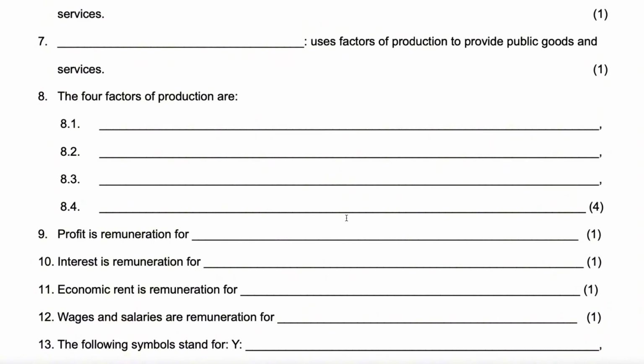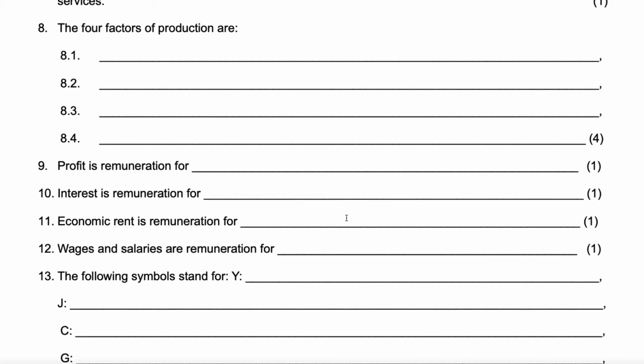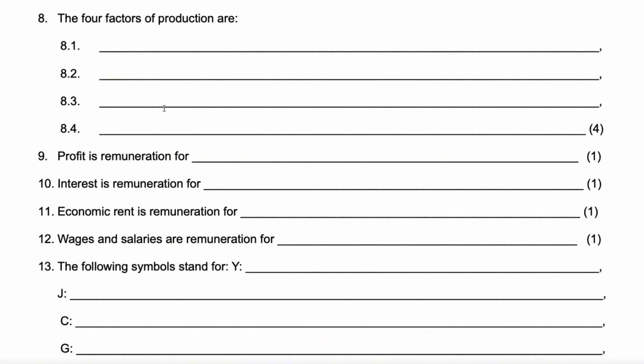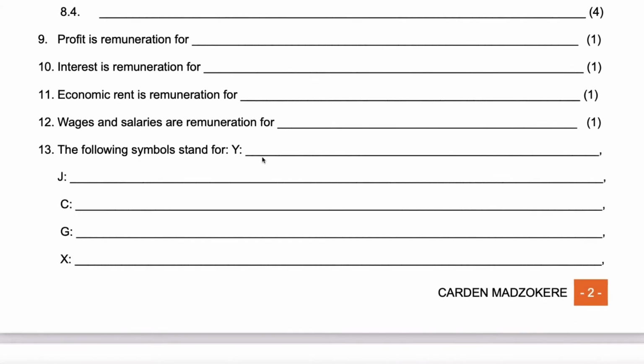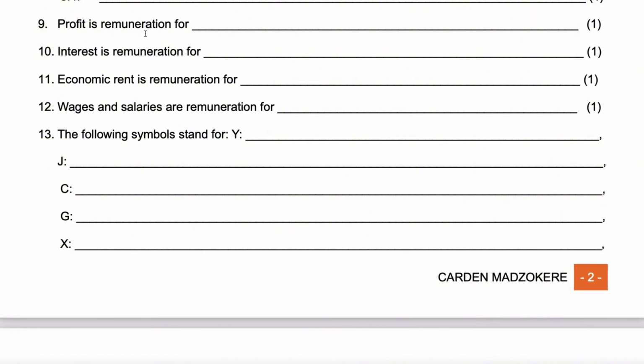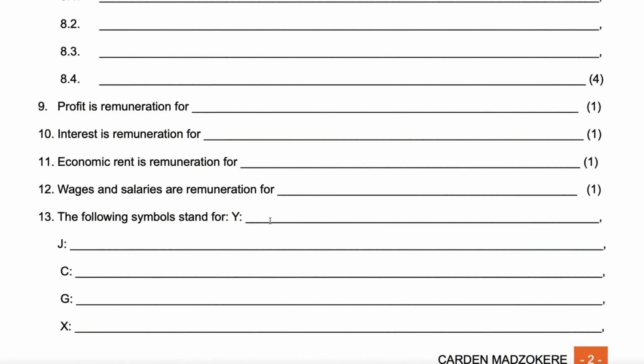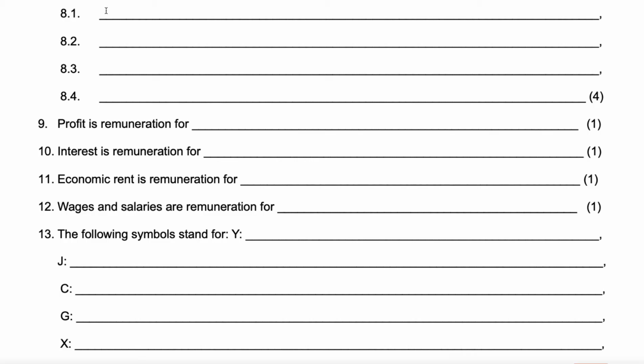Okay. Then what are the 4 factors of production? That would be land, labor, capital, entrepreneurship. And please don't write entrepreneur, because an entrepreneur is a person, but the factor that the person provides is entrepreneurship. Okay, then number 9, profit is remuneration for what? So the answer is one of the 4: land, labor, capital, entrepreneurship.